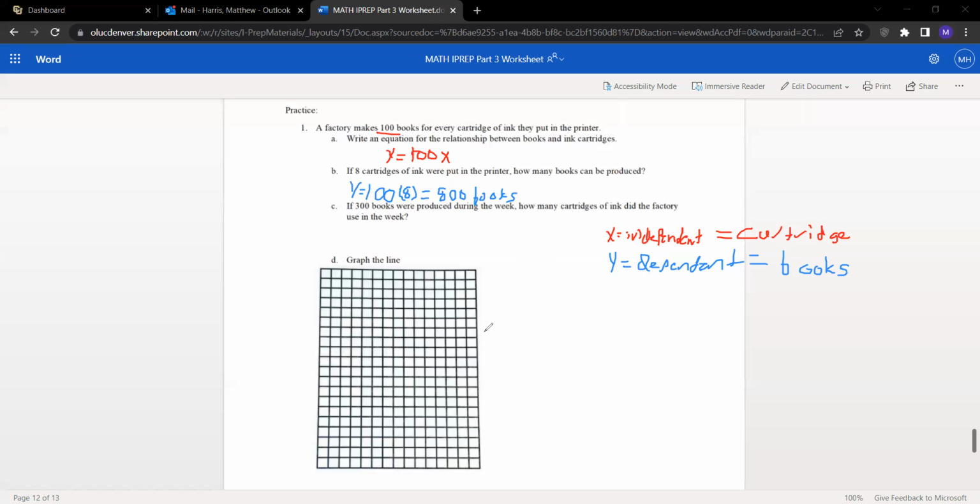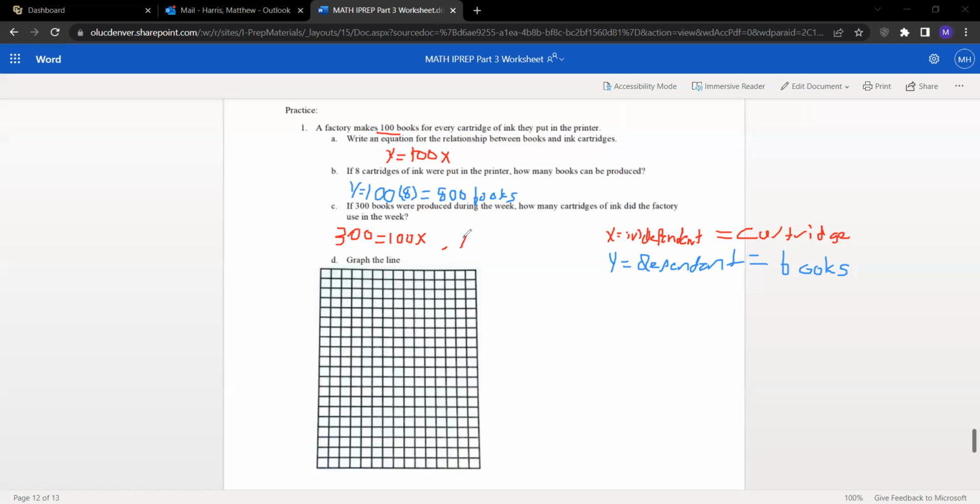If 300 books are produced during the week, how many cartridges of ink did the factory use? Now we have a y value, right? Because we have the books, but we don't know how many cartridges. So we plug in y. We have 300 equal to 100x. We just solve for x. We can divide by 100, divide by 100.